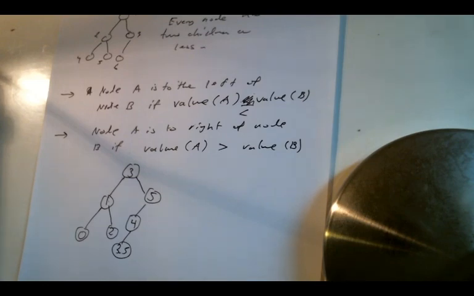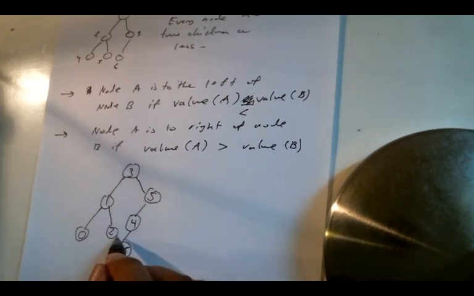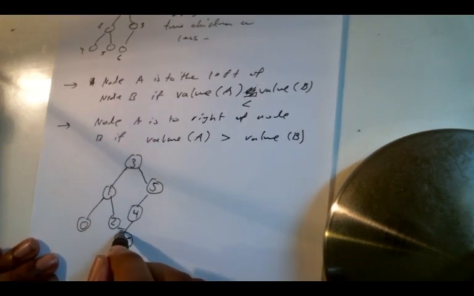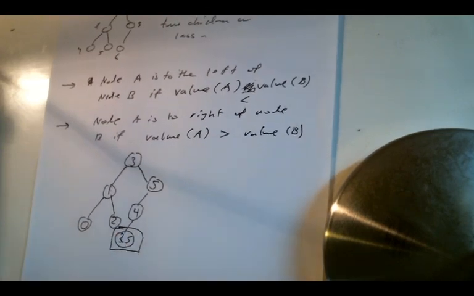So, yeah. Consider the problem of finding an element in a binary search tree. The idea is that, let's say I want to find node 3.5. How do I find this node? I don't have to search every single node.